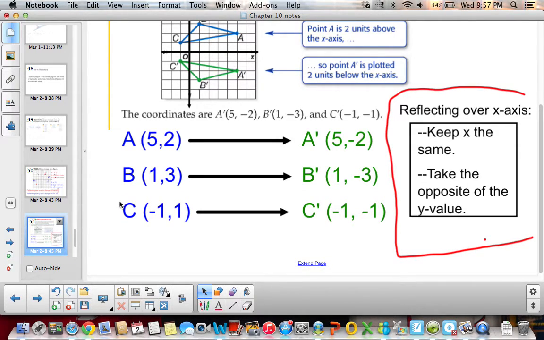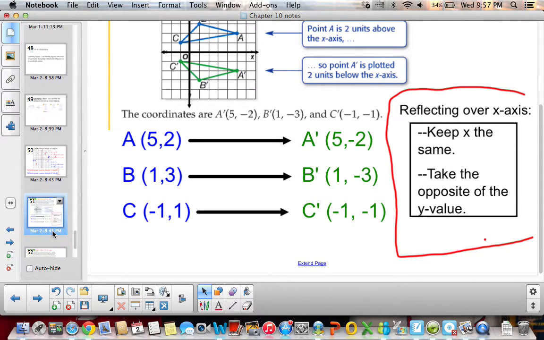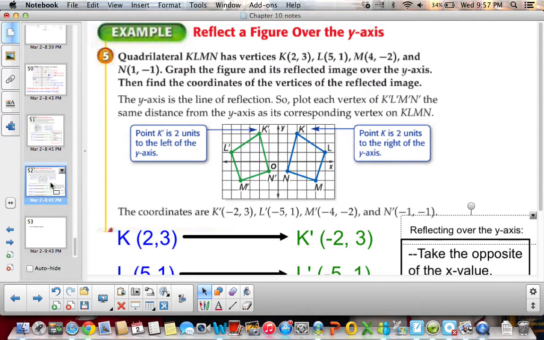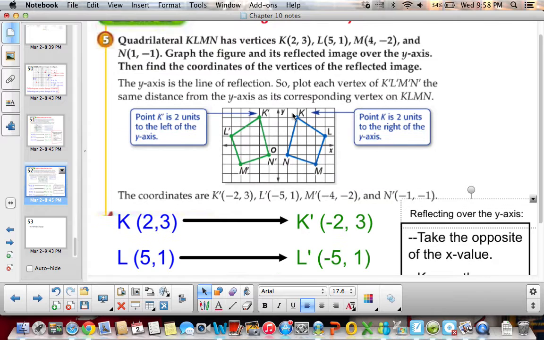If we are reflecting over the y-axis, for this example we have a quadrilateral, which is K, L, M, N, and here are the vertices, and we're going to graph it over the y-axis.